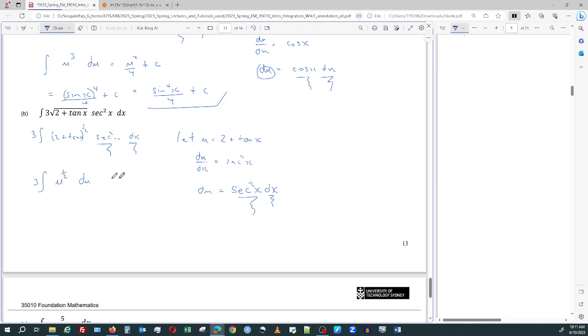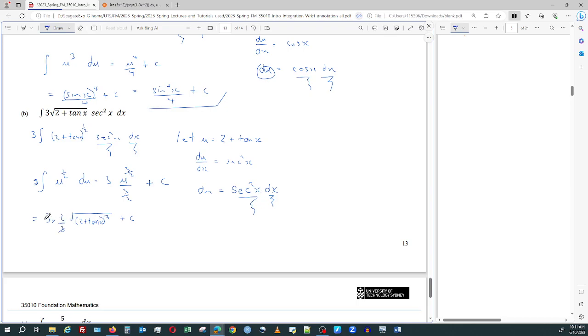u to a half. So up and under, to do the integral, will be 3 times u to the half plus 1 is 1.5, or 3 on 2, divided by 3 on 2, plus c, which is equal to 3 times 2 on 3, the square root of u cubed, plus c, where u was 2 plus the tan of x.